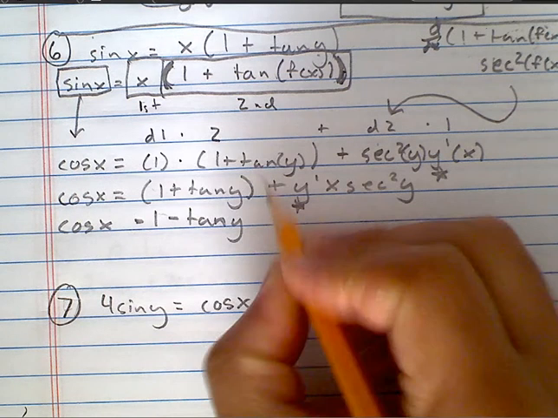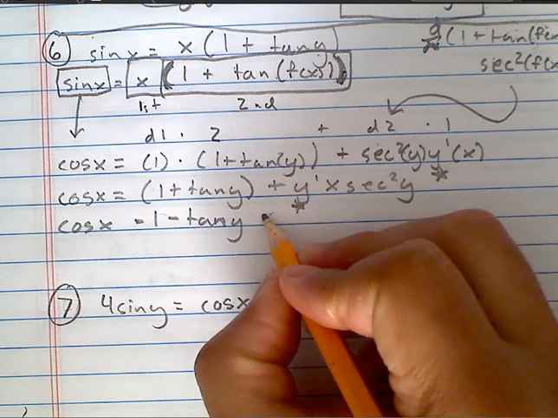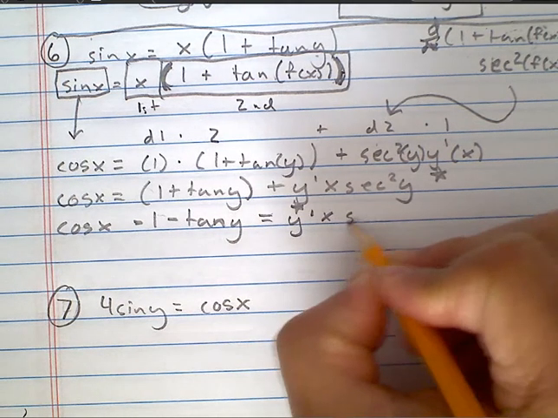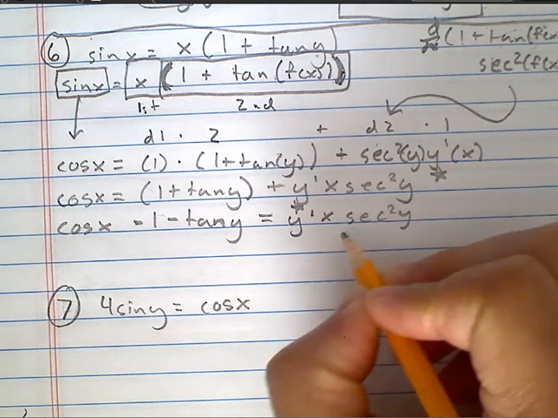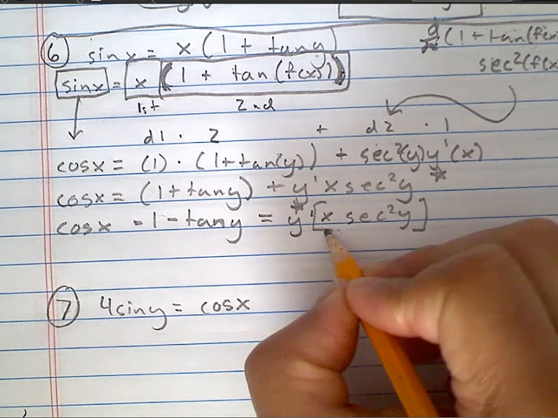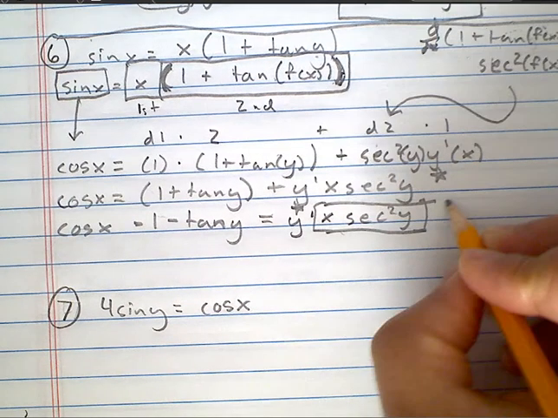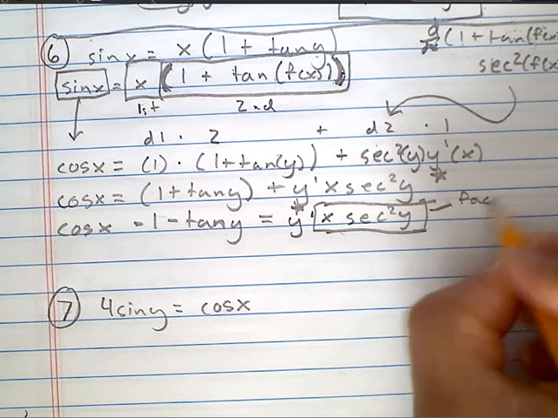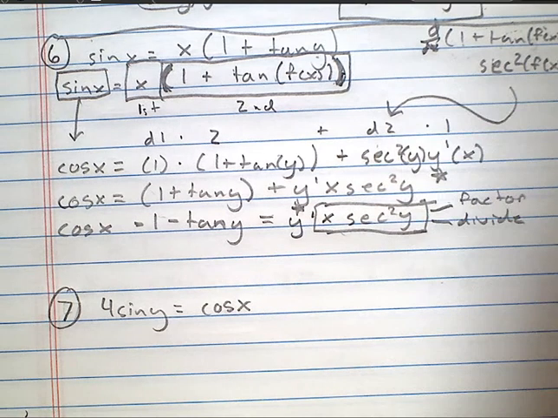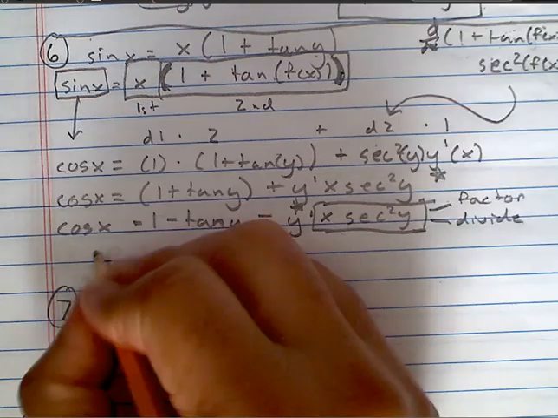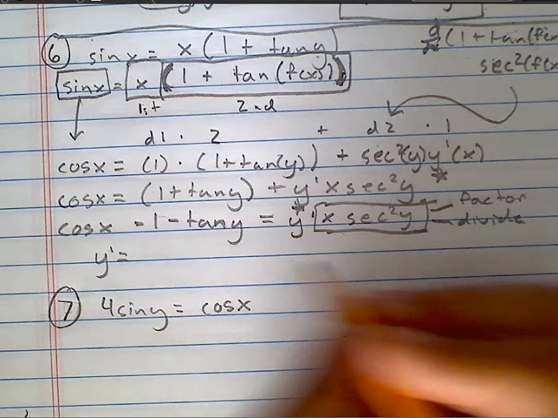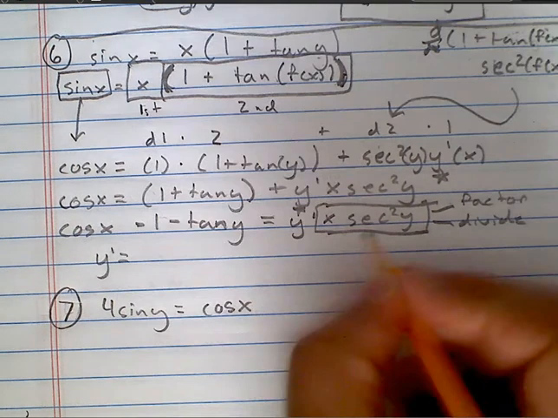Uh-oh, running out of room. Equals y prime x secant squared y. And this is all multiplying. It is a factor, so you can divide. Alright, so y prime is equal to all that good stuff divided by this.